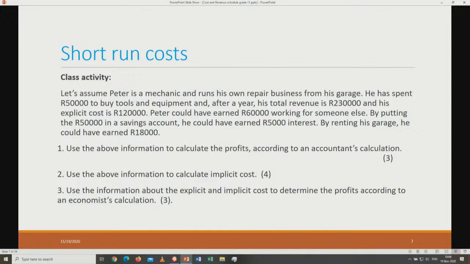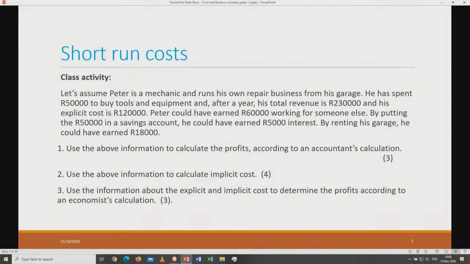He has spent an amount of 50,000 to buy tools and equipment, and after a year of operation his total revenue is 230,000, and his explicit cost is given as 120,000.